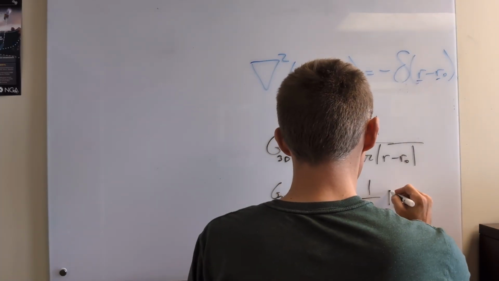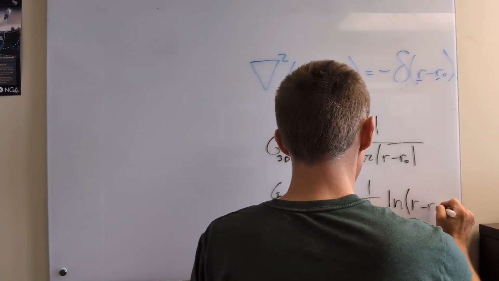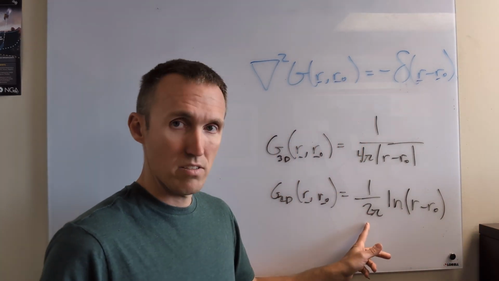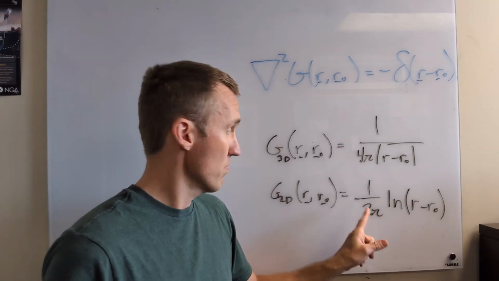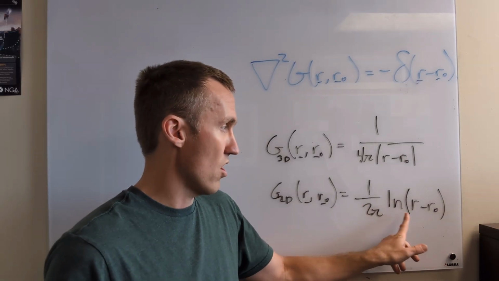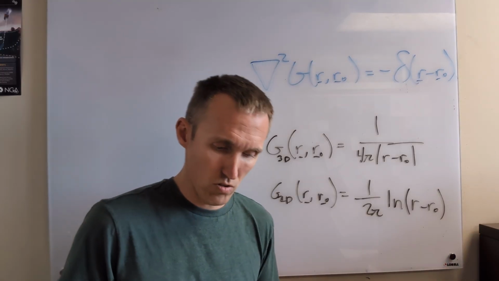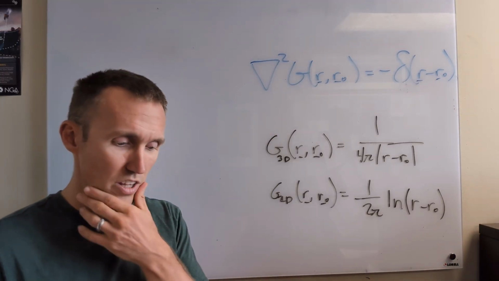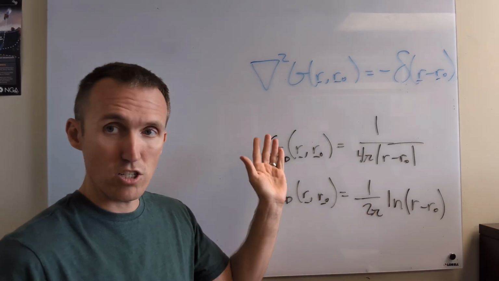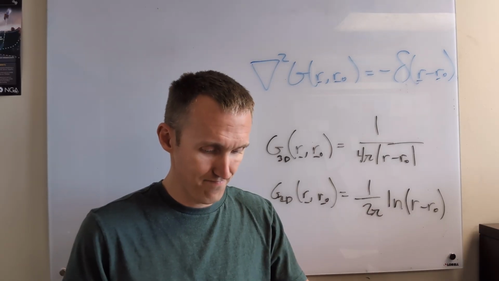And then log of R minus R naught. Thing to notice here, we have the 2 pi instead of the 4 pi, but in 2D. And then this negative sign makes this 1 over. So it's really log of 1 over R minus R naught. And so in 2D, the potential field decays more slowly than the 3D case because you have this logarithm in here. And again, that's related to the integral in 2D coordinates.